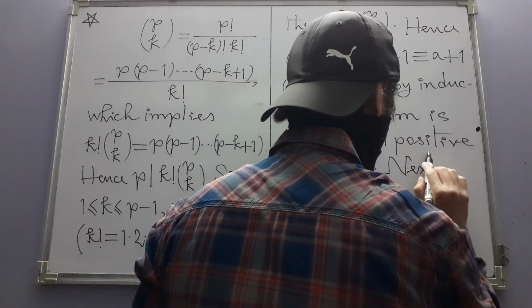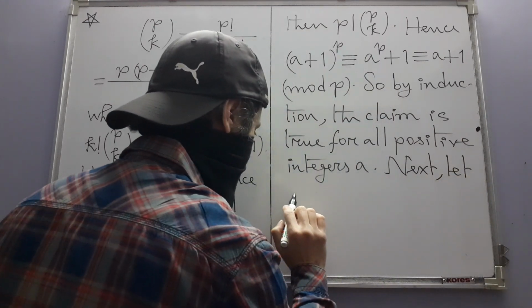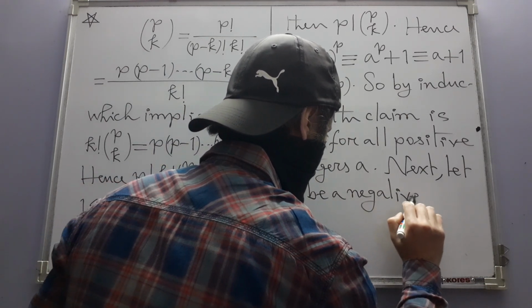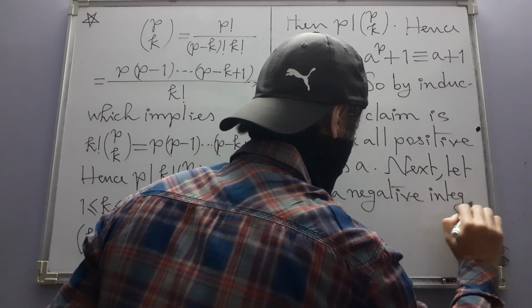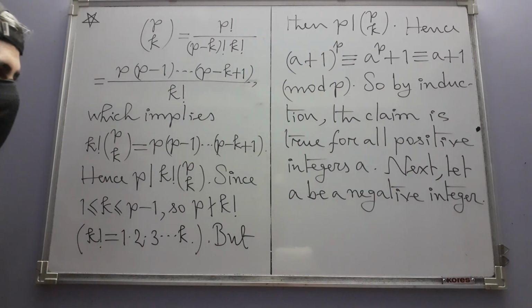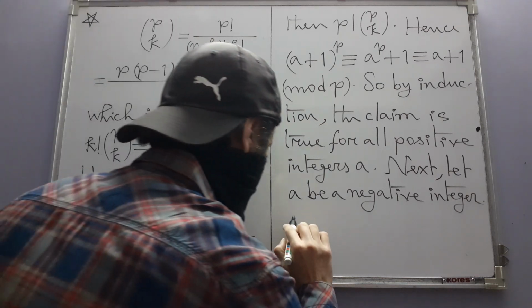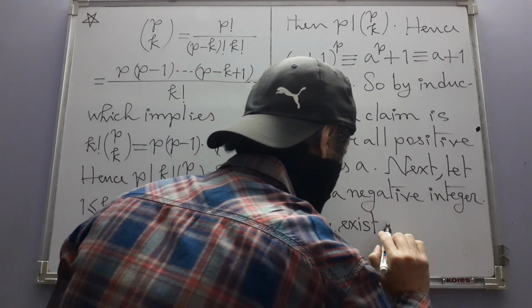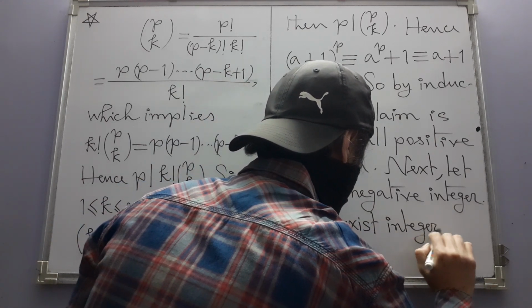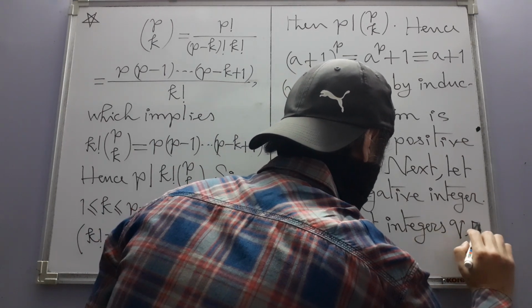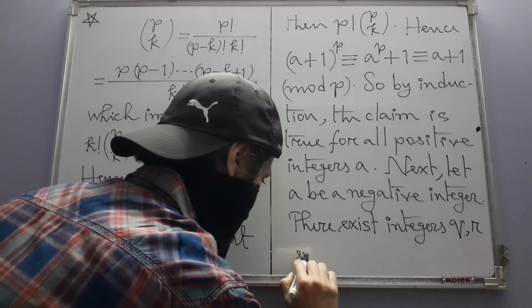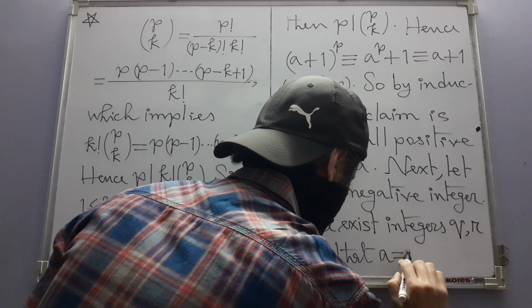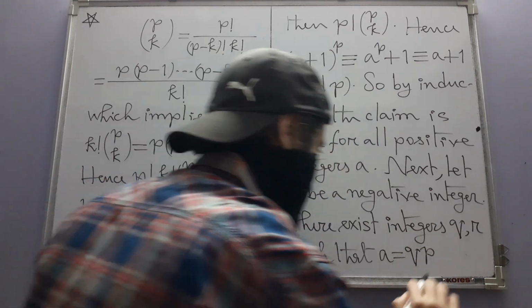Next, let a be a negative integer. Then by the division algorithm, there exist integers q and r such that a is equal to qp plus r.